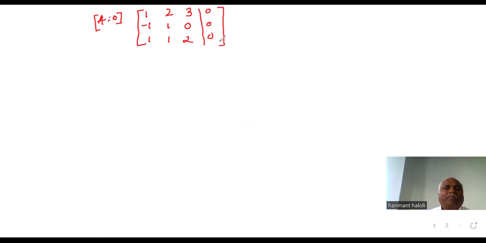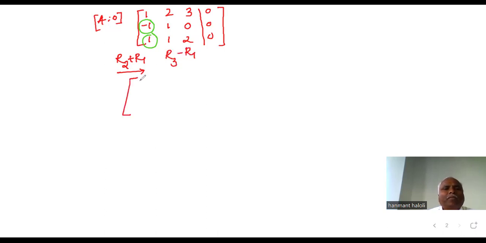This is called the augmented matrix. By using row operations R2 plus R1, our job is to make these entries 0. For that we use these operations, and next, to make this 0, R3 minus R1.